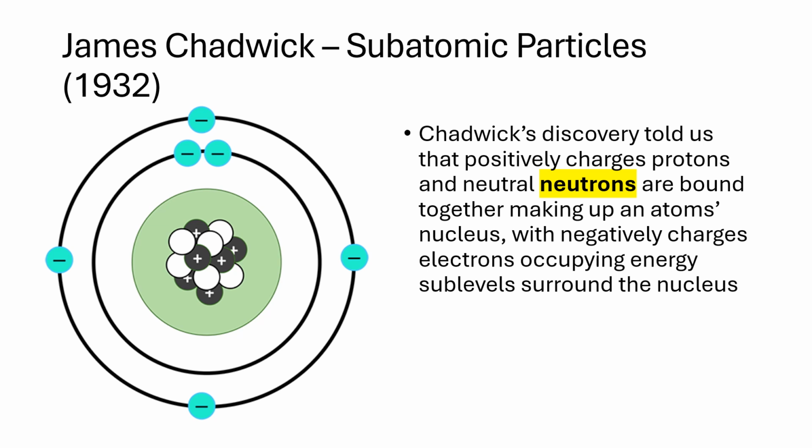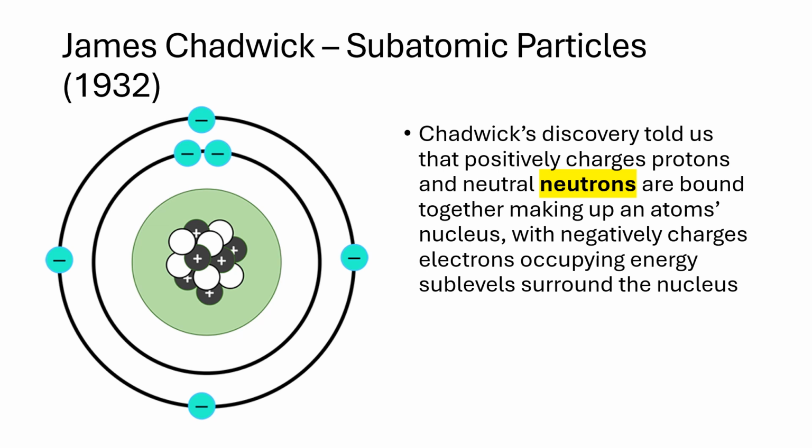Remember, we also have protons in the nucleus. Protons are positively charged. If you look to the left at this schematic, you'll see these little black circles with the positive charge in them, that's a proton. They are attached to our little white circles, the neutrons, completely neutral. This little clump is a nucleus.